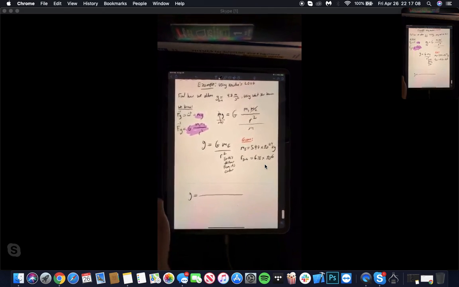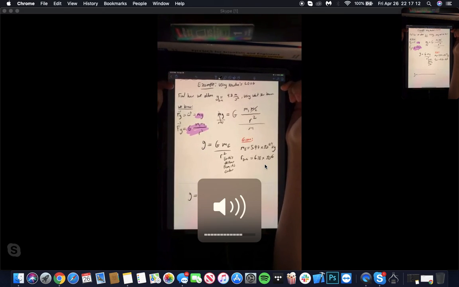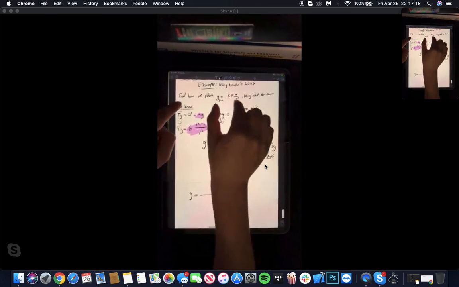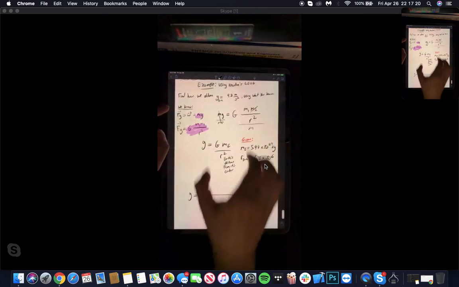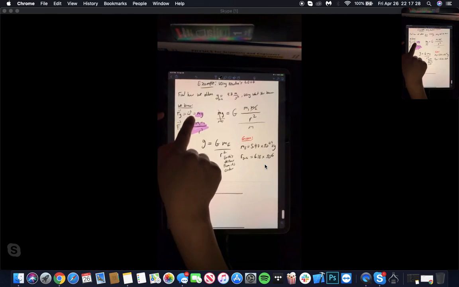Okay. All right, so just to recap. Example: using Newton's law of universal gravitation, show how we obtain g for Earth, 9.8, using what we know. We know that the force of gravity equals weight, which also equals mg. Remember, this applies to Earth only.